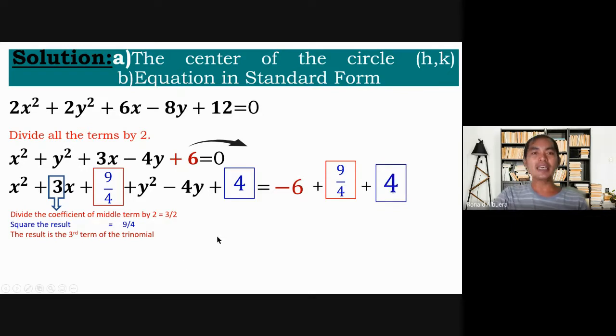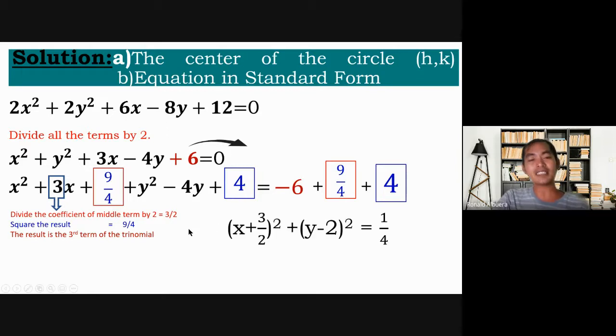Okay. Now, after that is to factor all these terms with x including 9 over 4. This is a square of a binomial. Same for y squared minus 4y plus 4. Also a square of a binomial. And what is that? Your next step is to make parentheses. Get the square root of x squared, which is x.